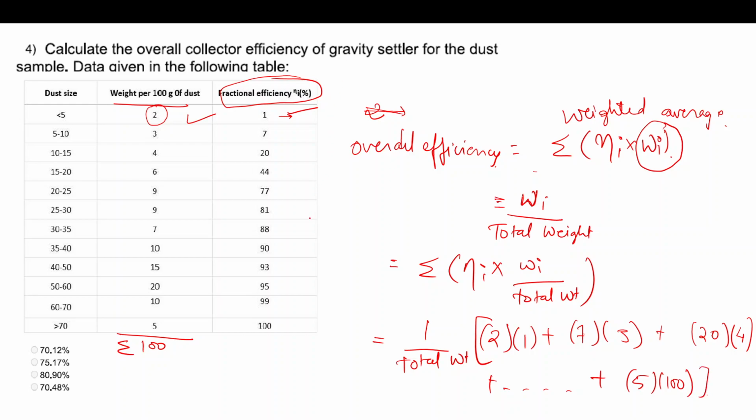You can see here that as you increase the size, the efficiency of removal is increasing. So the more the size, the better the efficiency for removal. So you simplify this and calculate and tell me the answer. Here you are using percentage as the unit for efficiency, so whatever answer you will get will be in percentage. So calculate and tell me.